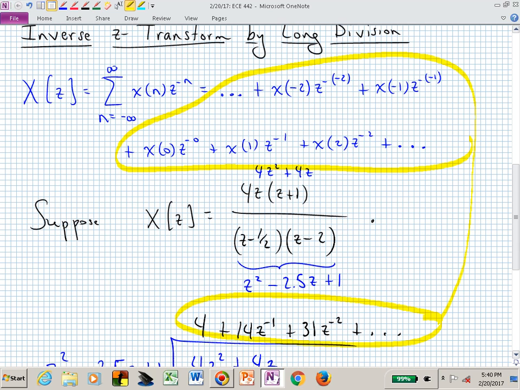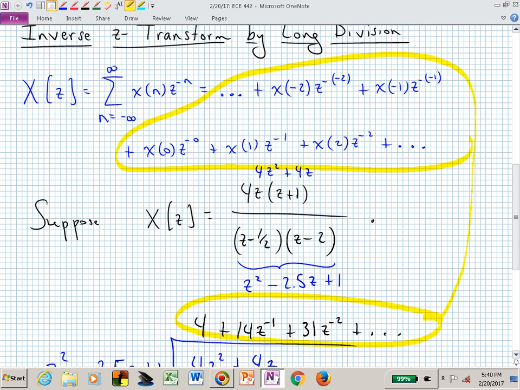And if I match terms, you can see that I don't have any positive powers of z, meaning all of my negative indexed little x's are not present in my expression for x of n, but all of those coefficients down here in the lower circled highlighted in yellow correspond to the x's at certain time indices.